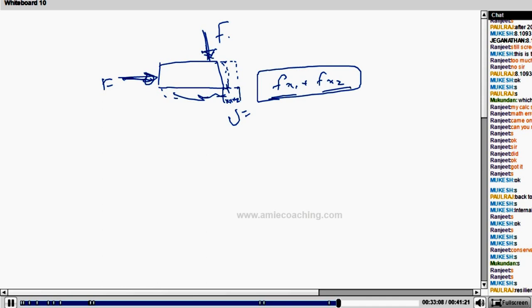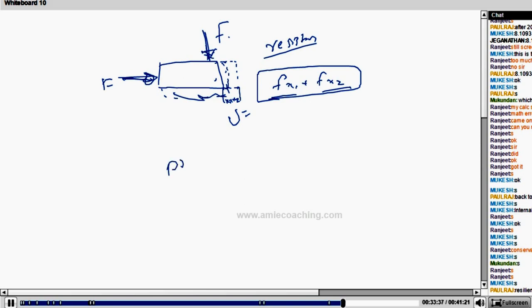So the total strain energy stored inside a material when external work is done is called the resilience. That is, the total amount of energy stored inside that material due to the external forces.